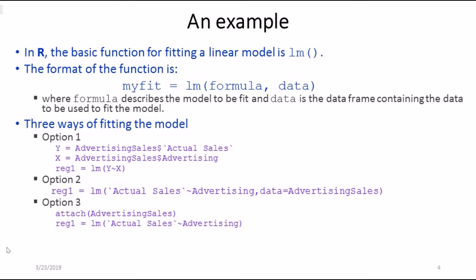In option 1, given a data frame which has the data, we refer to the columns for y and for x, and then call the LM function, giving it the formula with the relationship between the target variable and the predictor variable.